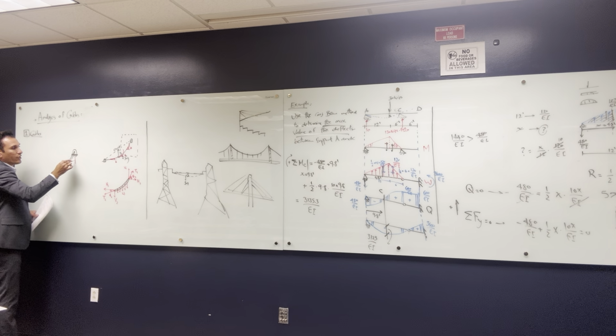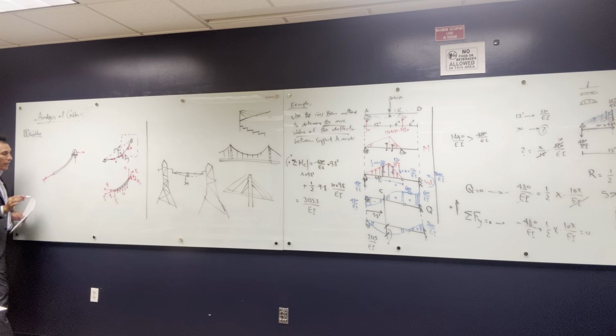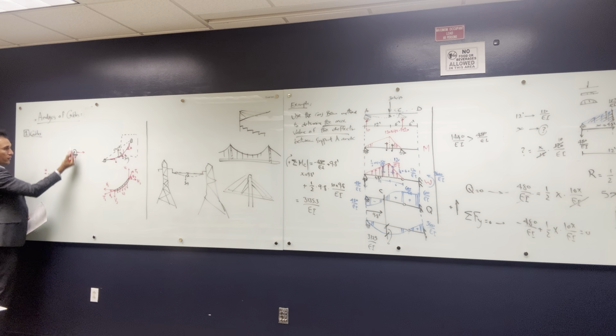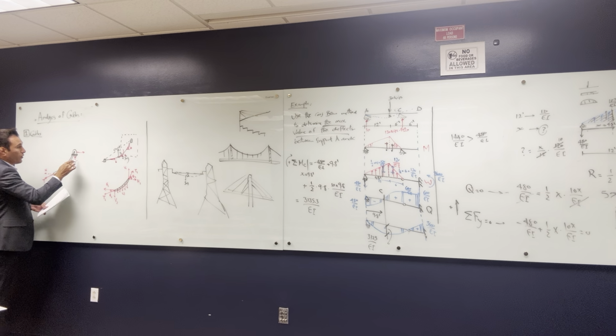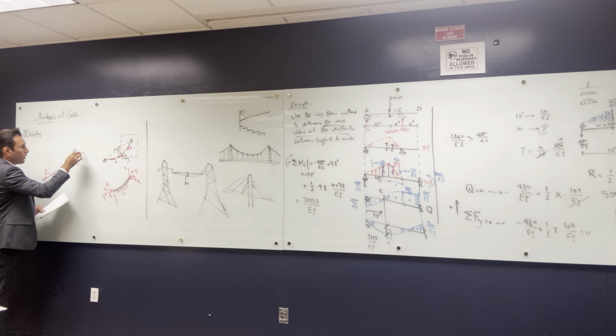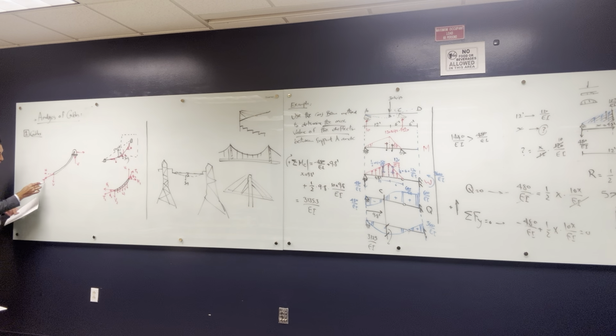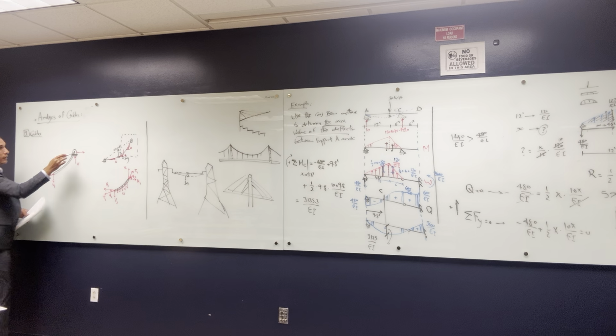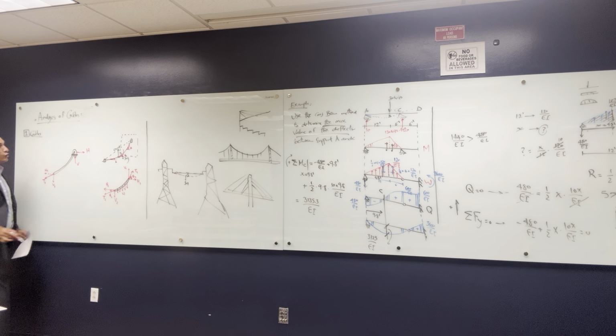So I should have a reaction like this and a reaction like this. Why? Because I know this T is gonna have a vertical component like this and a horizontal component like this. So definitely I need a vertical component up and a horizontal component the other way. So let's name this one T1, V1, H1, and let's call this V and H.